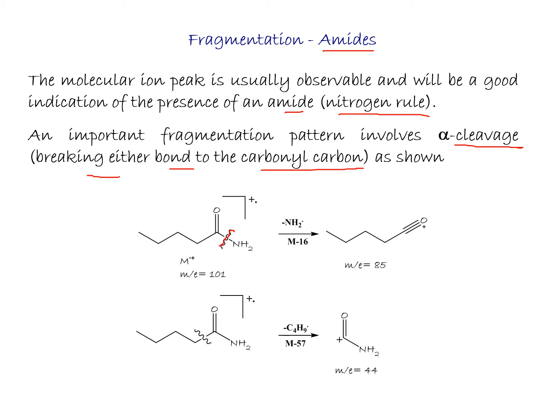So either we eliminate an NH2 radical to form the peak at 85, or eliminate the alkyl part, to eliminate a C4H9 radical, leaving the ion at 44. Remember, we have an odd, we eliminate a radical, we should get an even.